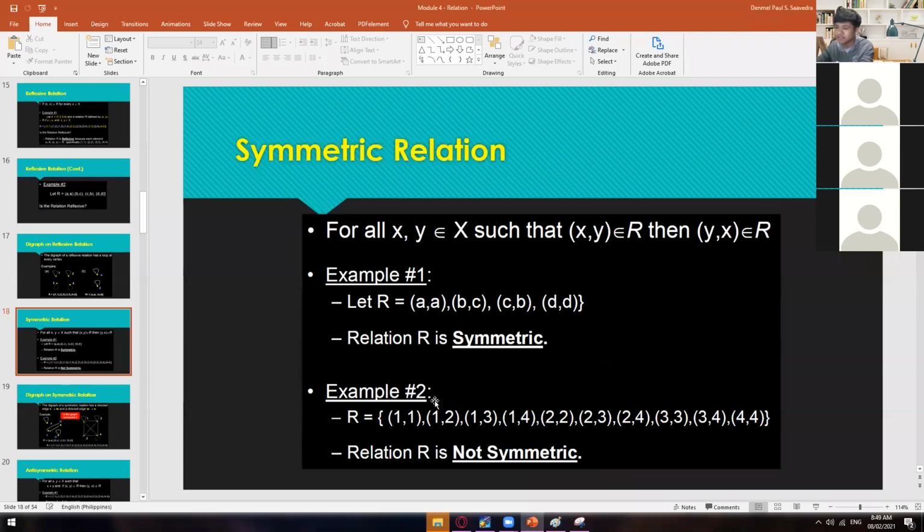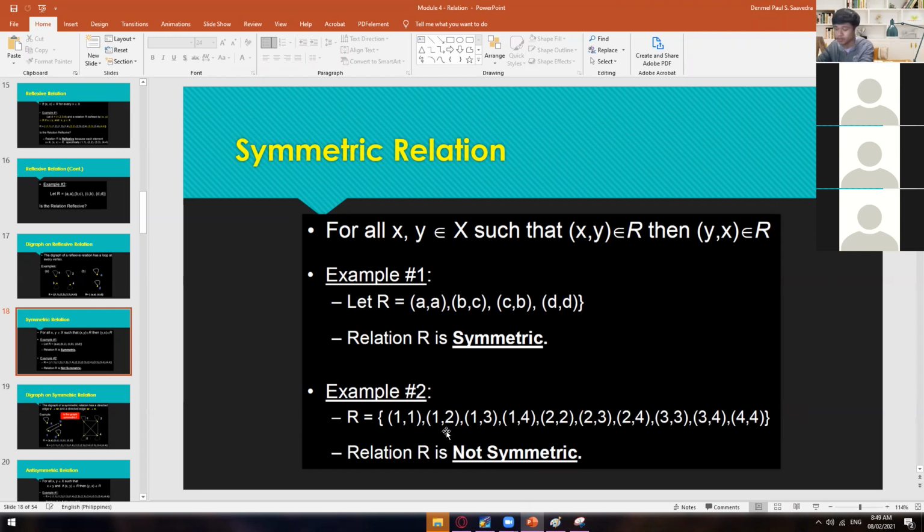Anyway, let's move on to example number 2. As you can see, (1,1), so no problem. But how about (1,2)? You should check this one already. If you have (1,2), you should also have (2,1), wherein it cannot be found. It's missing on our list. So that is why this one is not symmetric.